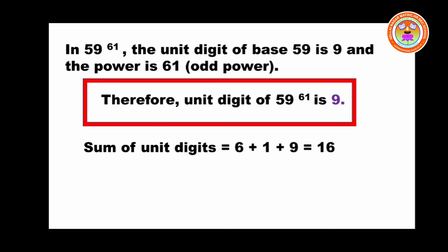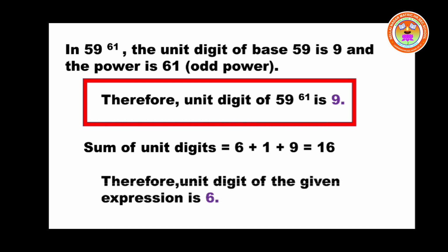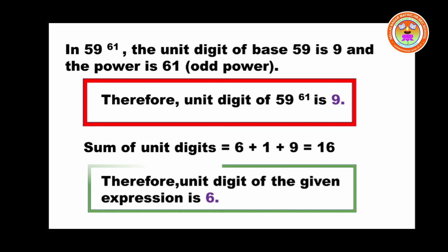The last digit of 16 is 6. So therefore, the unit digit of the given expression is 6. Have you understood? In the number 16, in the ones place, you have 6. So the unit digit of the given expression is 6.